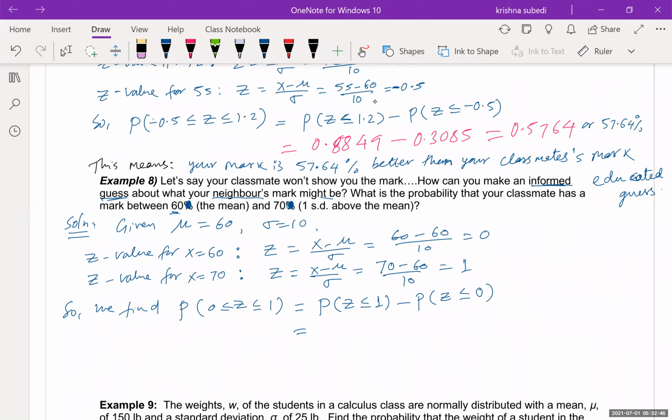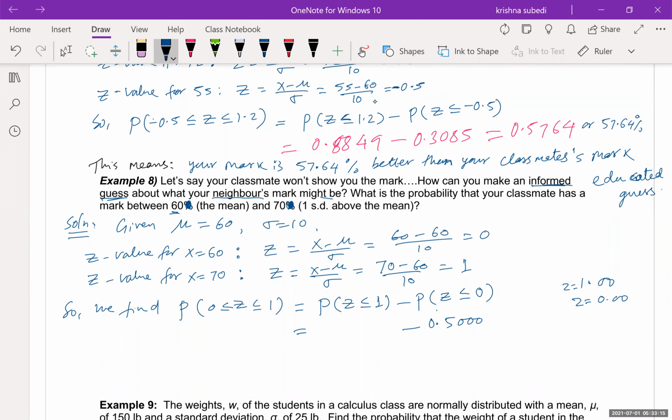Can you guys look at the table and let me know what the value is? Z equals 1 means 1.00. Look at the table, and when Z equals 0.00, what is the probability? I know that it will be half, because the mean is right there, mean equal to 0 for the Z curve. I know that this one is 0.5000, even without looking at the table.